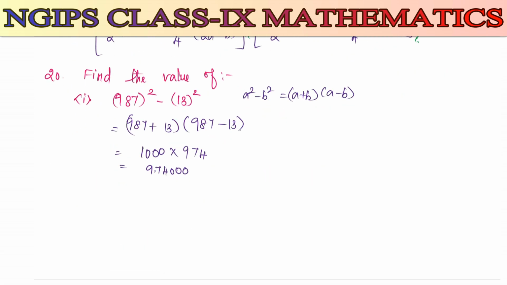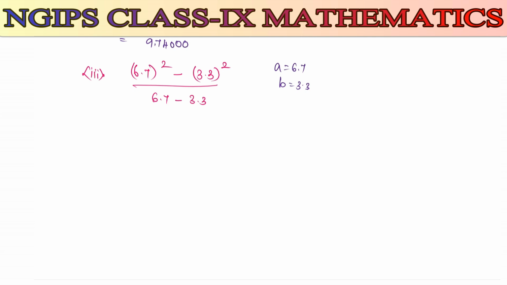Now we will move to the next one, the third one. 6.7 whole square minus 3.3 whole square divided by 6.7 minus 3.3. Okay, now I am going to substitute a is equal to 6.7 and b is equal to 3.3.